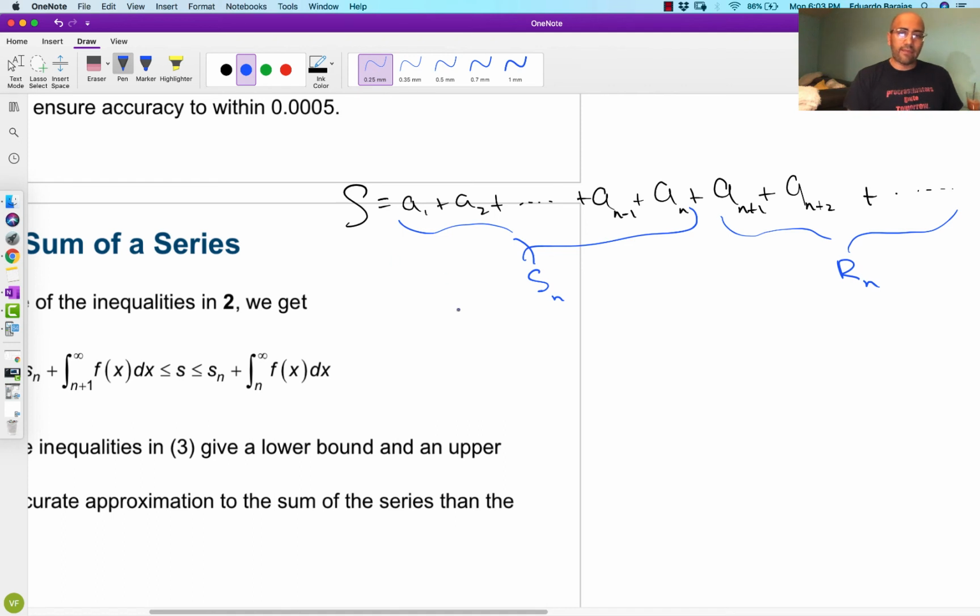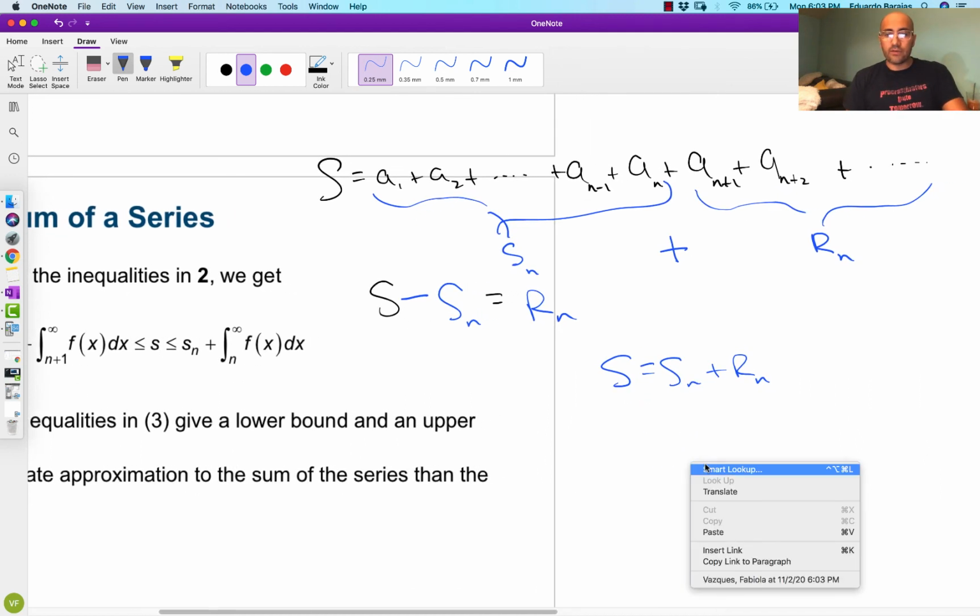So if we subtract them, we end up with S minus S sub n equal to the R sub n value, right? That's the notation we have. In other words, if we add S sub n to both sides, S sub n plus R sub n equals S. If we add those two things together, we'll get the actual value of S.